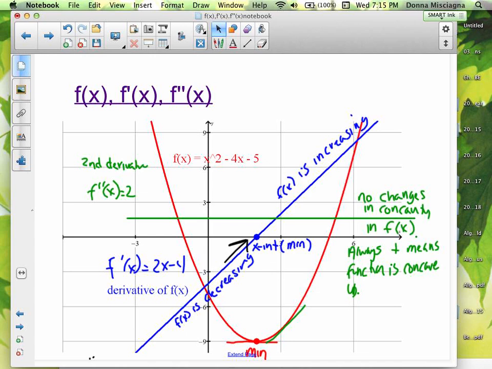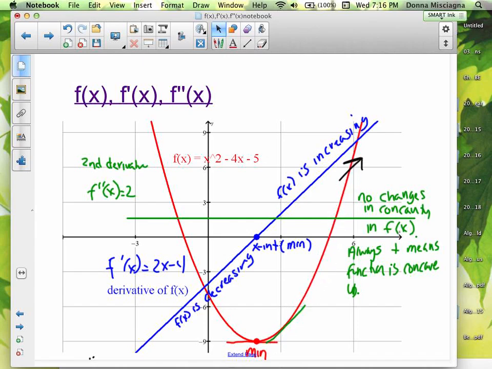Where our function is decreasing, the fun part of the roller coaster, the graph of our first derivative is below the x-axis. Where the function is increasing, going up the hill, right?